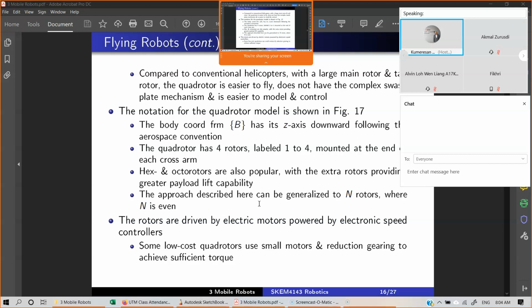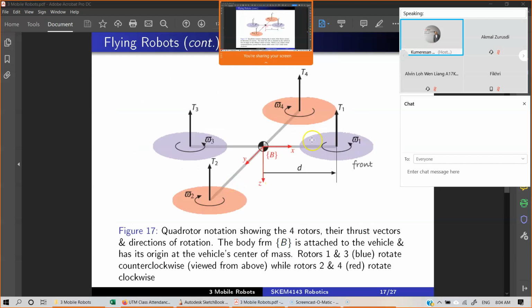Let me briefly overview what you have watched in the video and probably what you have read on the slides. This is a simple figure showing the quad rotor. A quad rotor has 4 rotors or propellers.